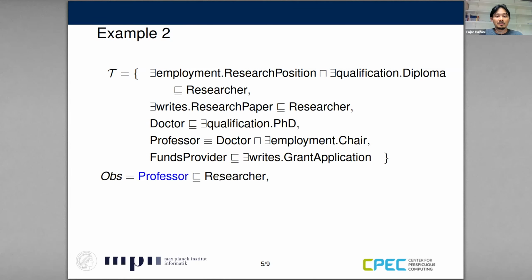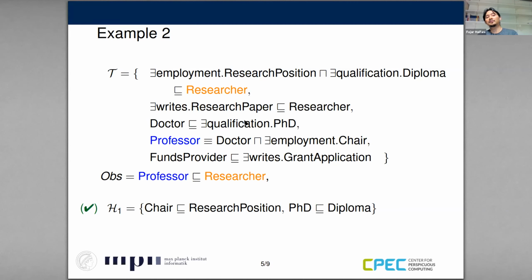Here, professor occurs in T, and researcher also occurs in T, for example, here. If you consider the following solution consisting of two axioms, chair is a research position and PhD is a diploma, it actually quite makes sense, right? And we can also see that the first atomic concept used in it, that is chair, is actually related to professor through the third axiom here.